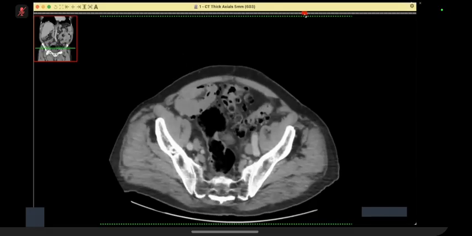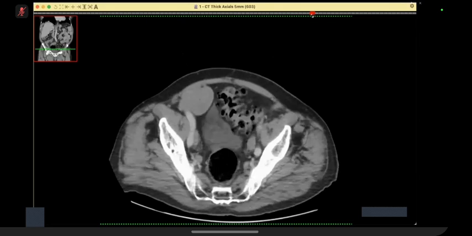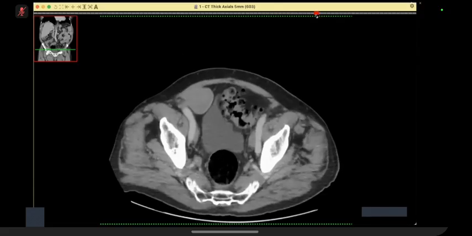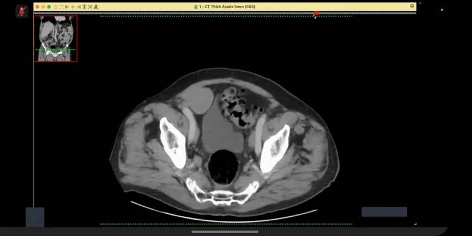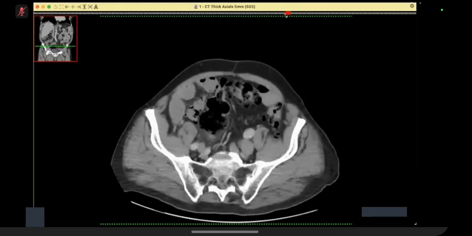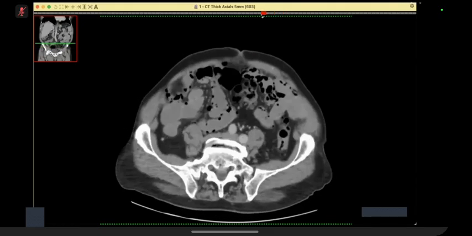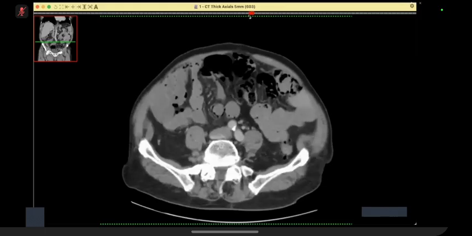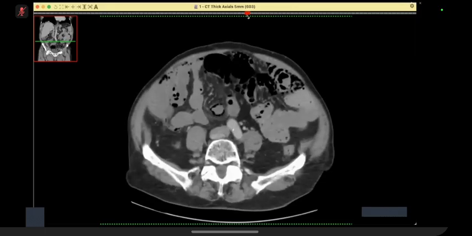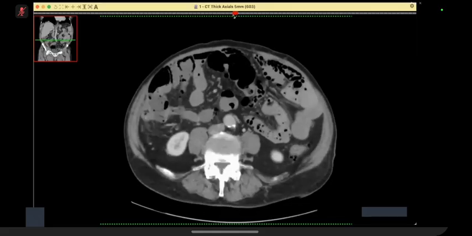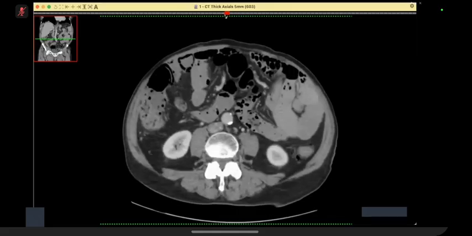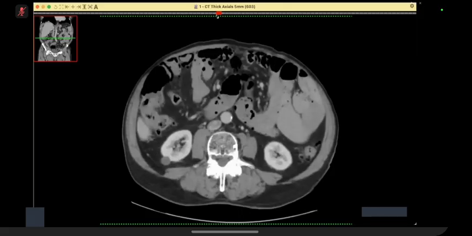There is uncomplicated but severe diverticular disease in the descending colon and sigmoid colon. I can see evidence of further pneumointestinalis within small bowel loops in the right upper quadrant.